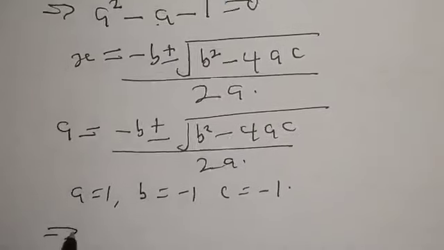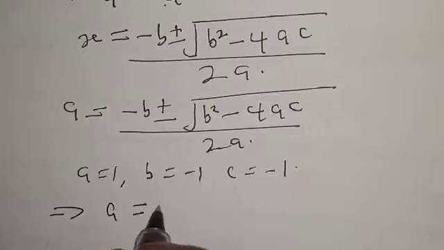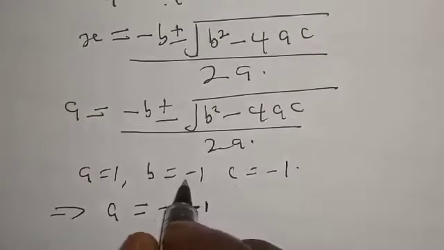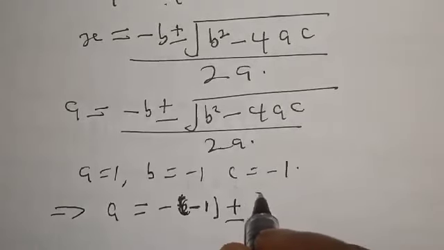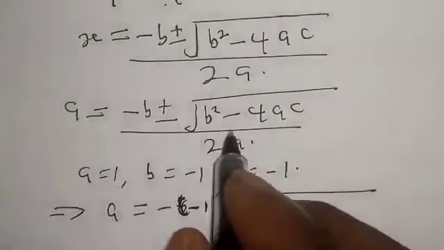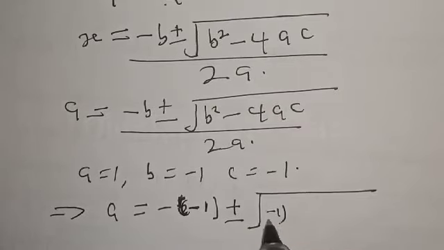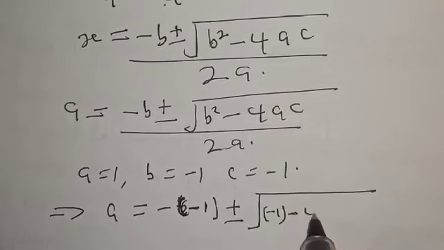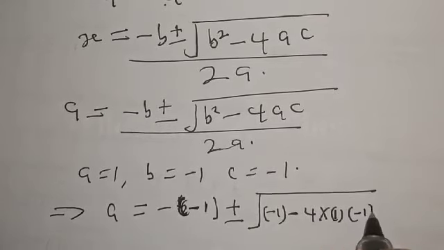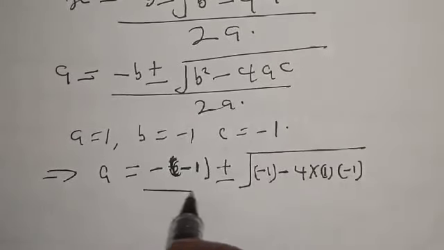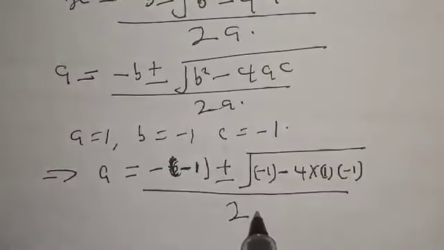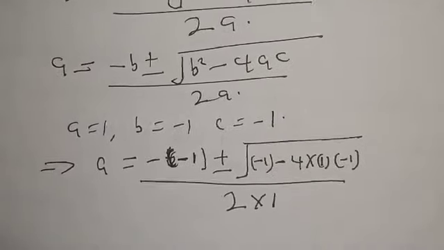Then let's substitute. This implies that we have a equal to minus b, that is minus minus 1, plus or minus the square root of b squared, minus 1 squared, minus 4 multiplied by 1 multiplied by minus 1, because our c is minus 1 and our a is 1. Then over 2 multiplied by 1.